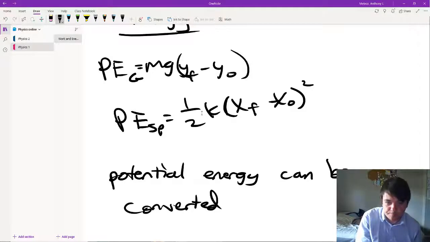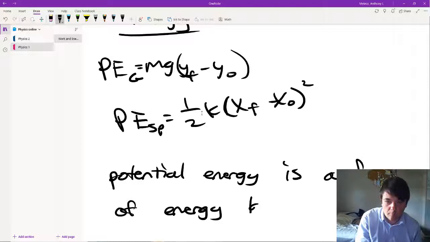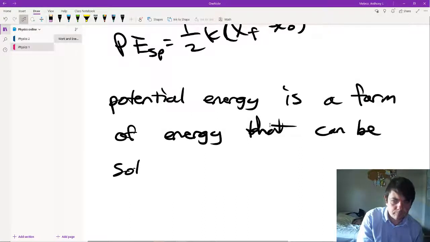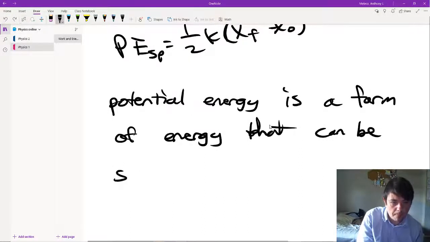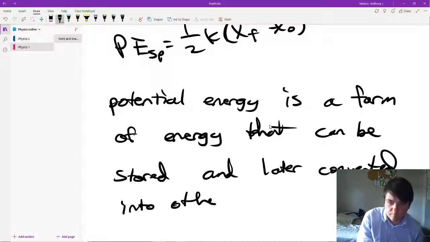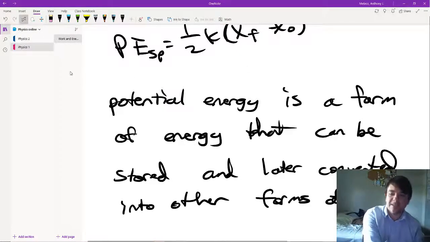Potential energy is a form of energy that can be stored and later converted into other forms of energy.